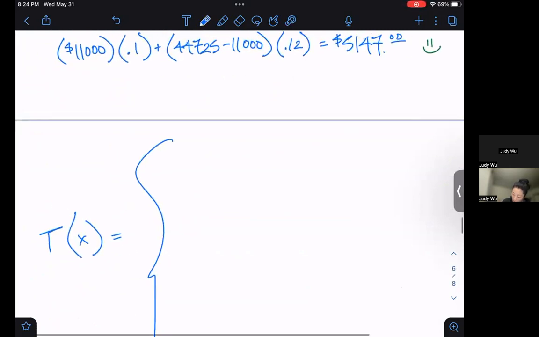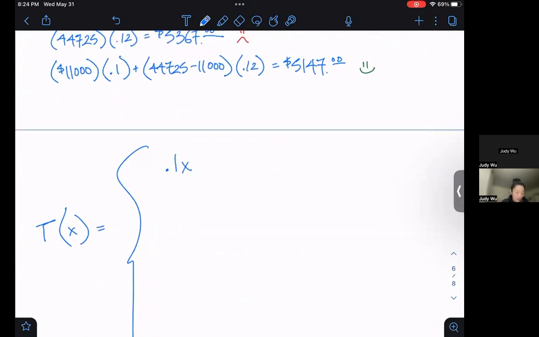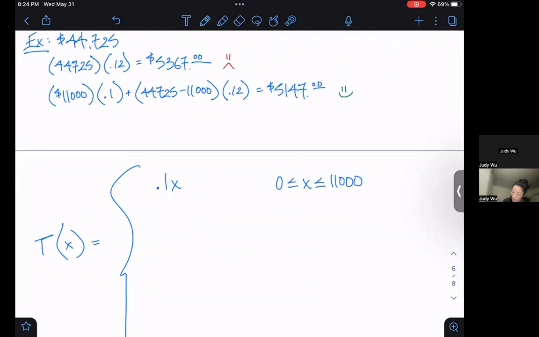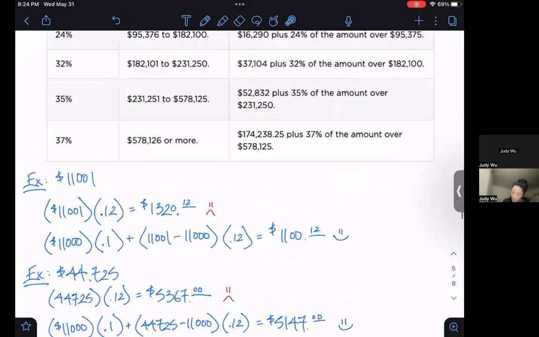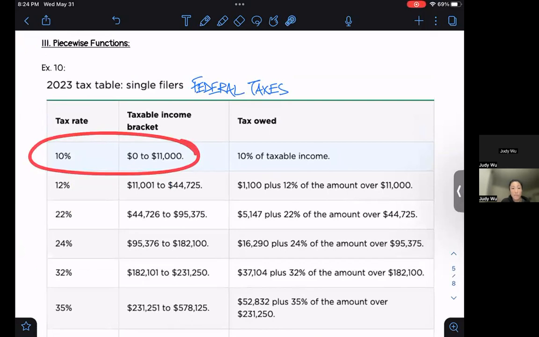I would write 0.1x. The 0.1 is your 10%. And that is for x between 0 and 11,000. So this first line that we've written here is the same way of representing this first line here.